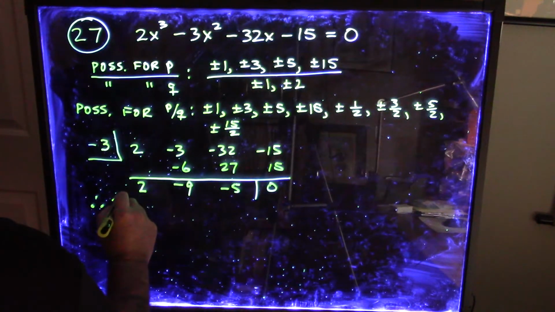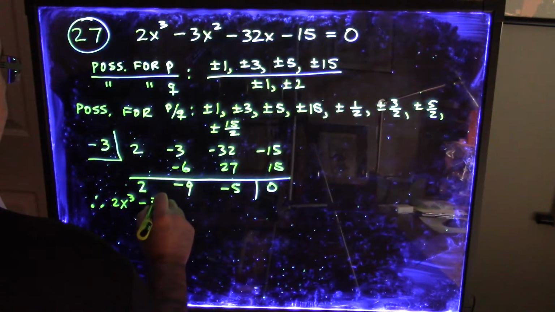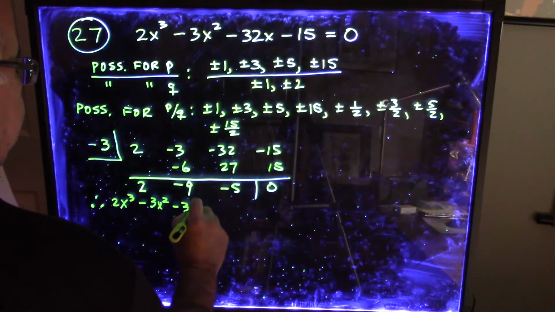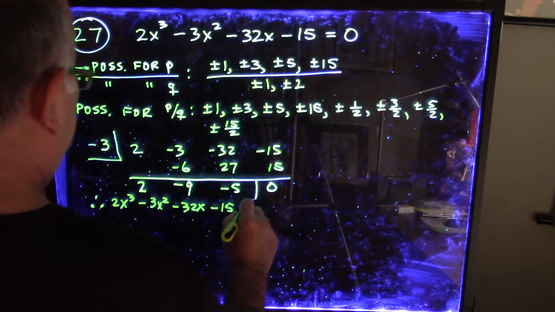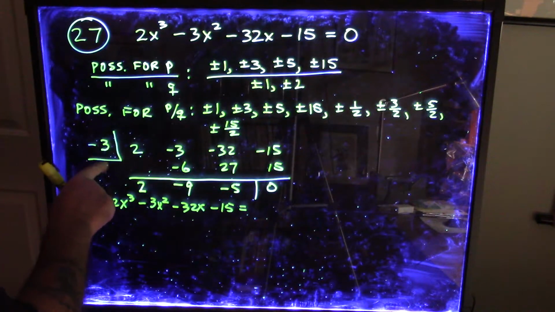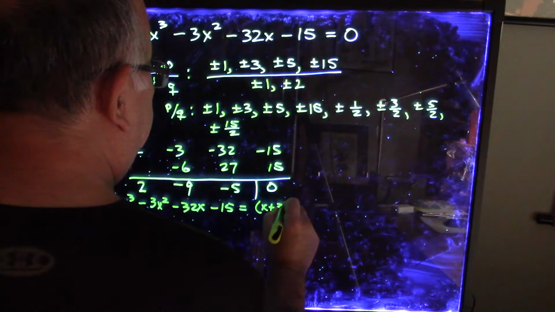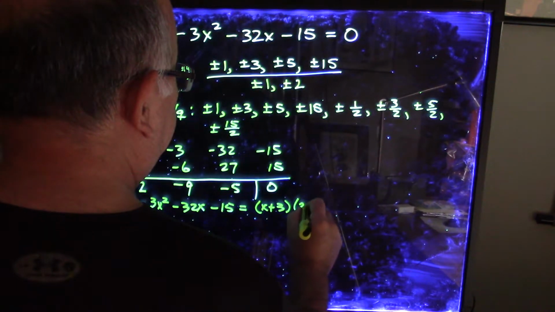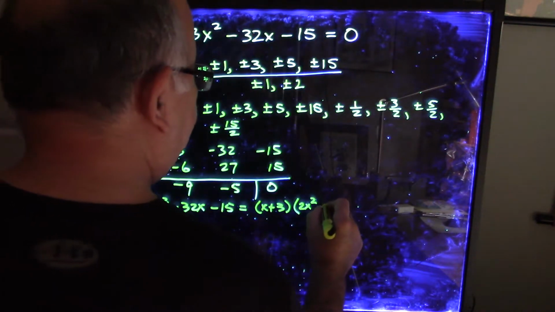So we've got 2x cubed minus 3x squared minus 32x minus 15 is equal to x minus a -3, or x plus 3, times 2x squared minus 9x minus 5.